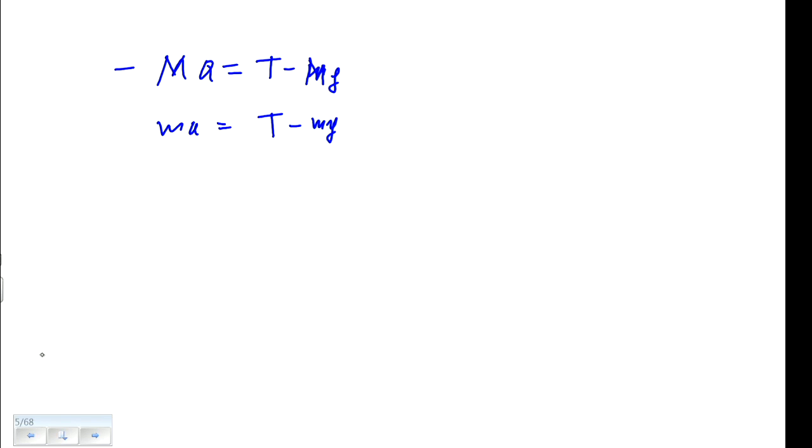We have two equations and two unknowns. We consider that we know little and big masses, we know g. So what we don't know is acceleration and tension. Two unknowns, two equations. We have to do some algebra. There are different ways to solve these equations.